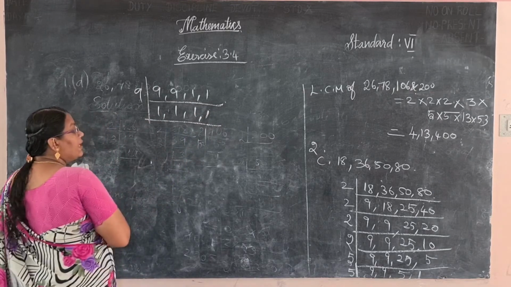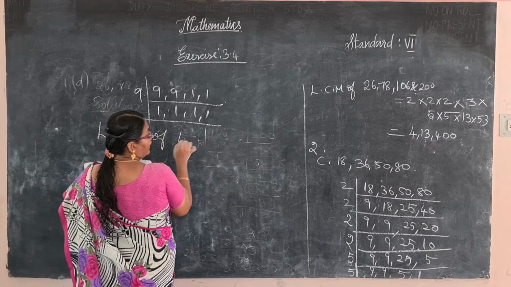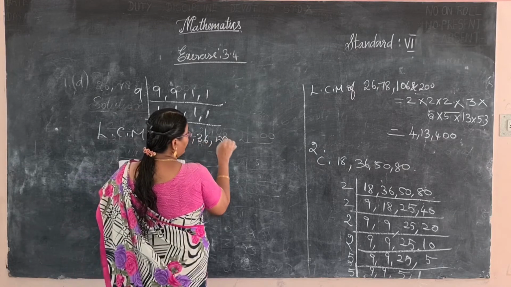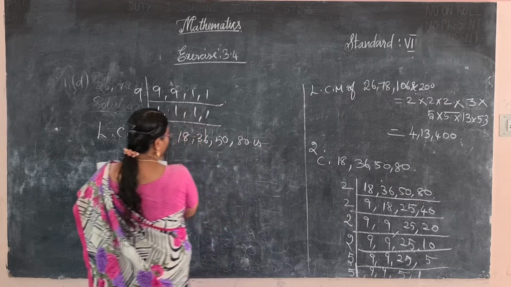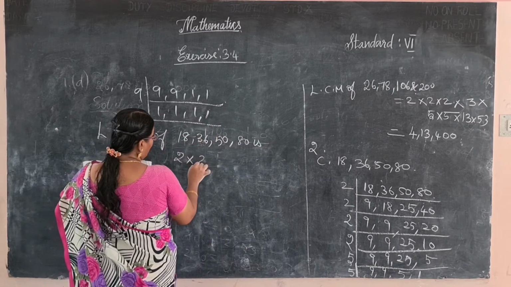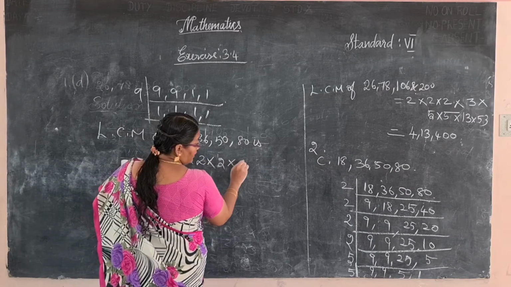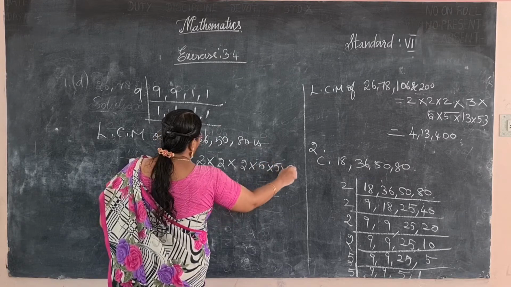So now write the LCM of 18, 36, 50 and 80. Which are the factors? 2 into 2, how many times repeated? 4 times. And 5, 2 times. And 9.